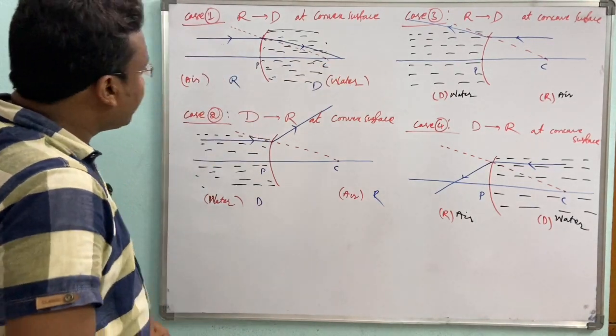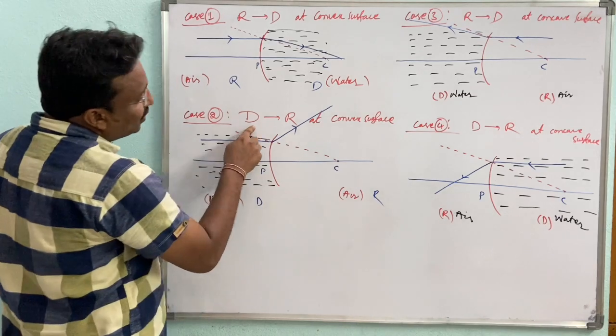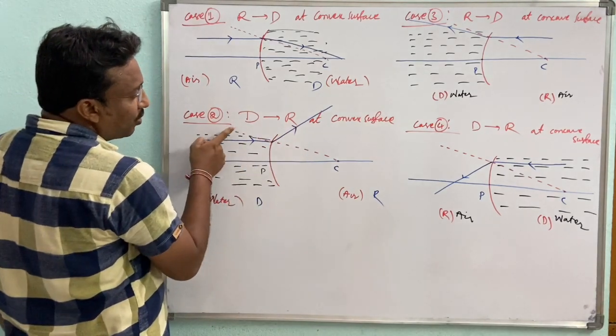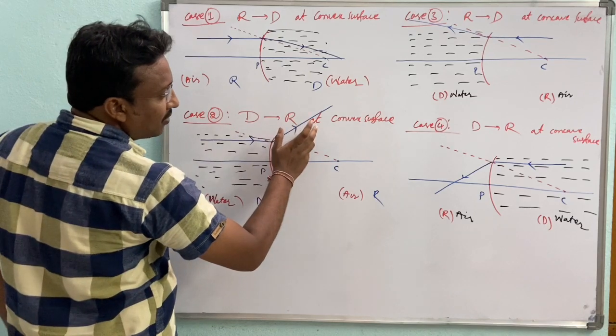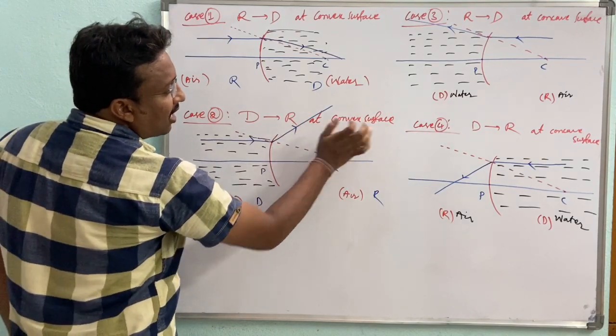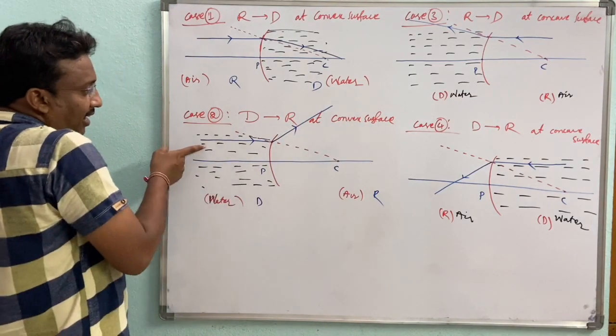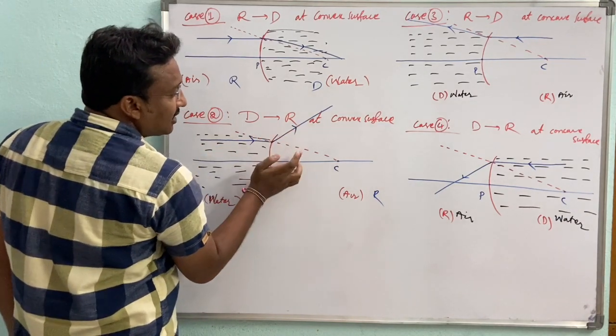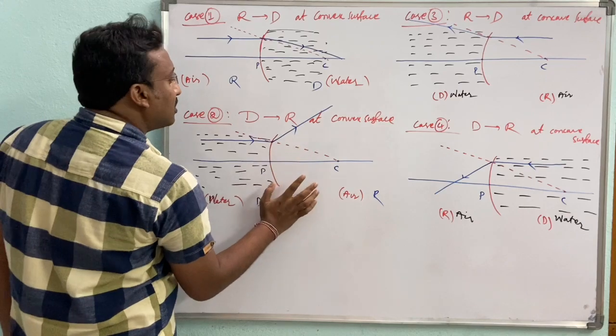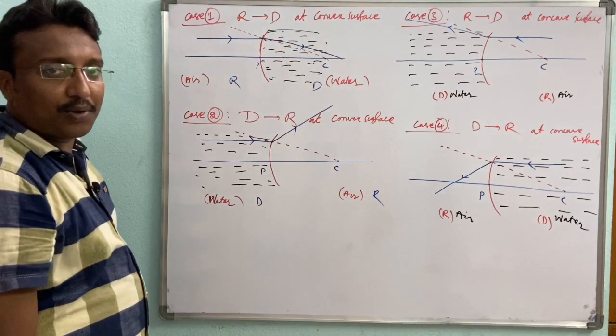In the second case, the light ray passes from denser to rarer medium and strikes a convex surface. In such a case, the refracted ray moves away from the normal.